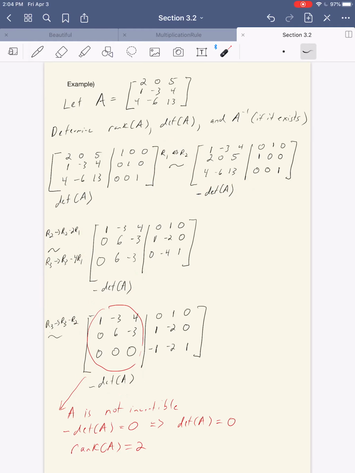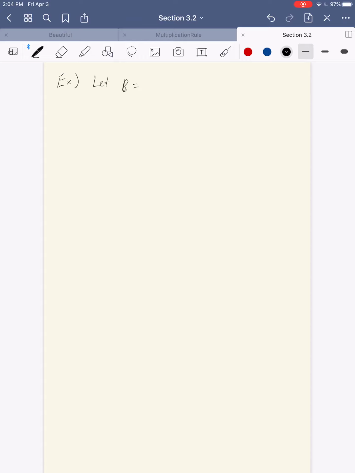All right, let's take a look at another example. Let's let B be the matrix 1, 1, 0, 1, 0, 1, 0, 1, 2, 2, 1, 2, 3, 3, 0, 4.